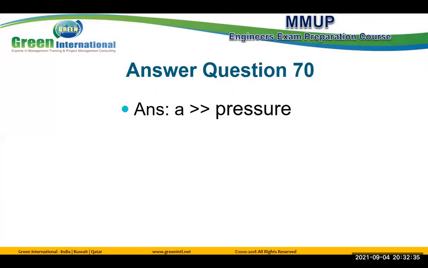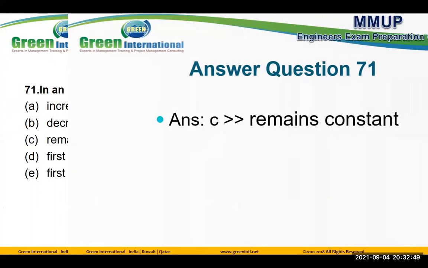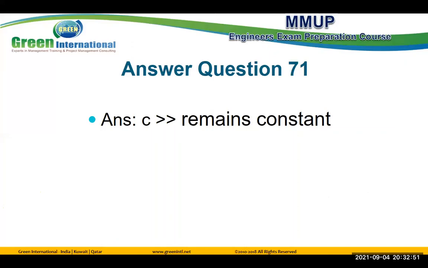Normally, enthalpy is connected with pressure. In an isothermal process, the internal energy remains constant, the change is zero.